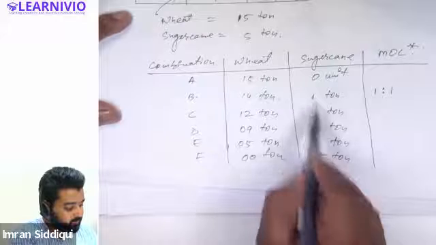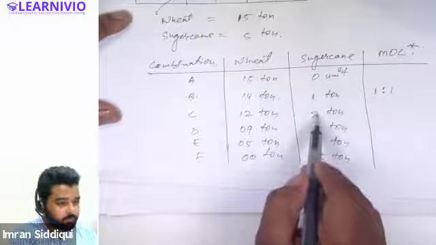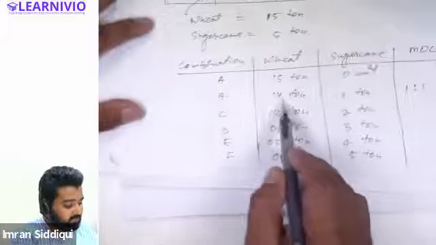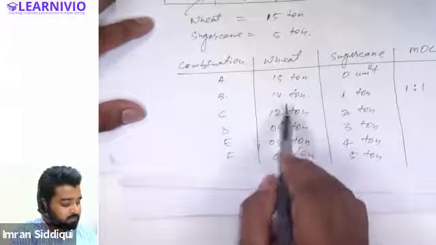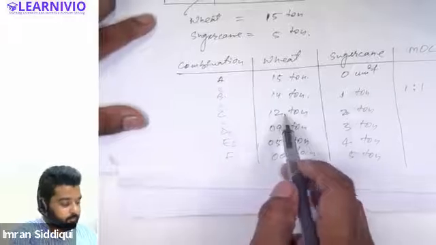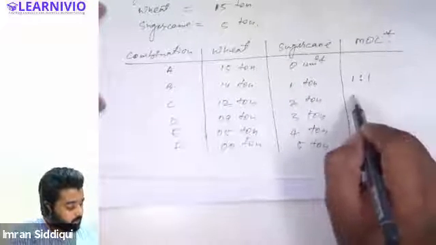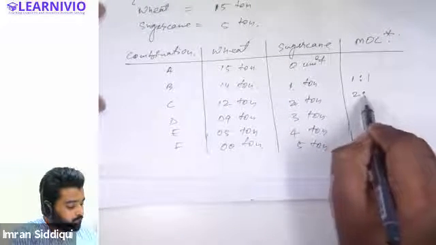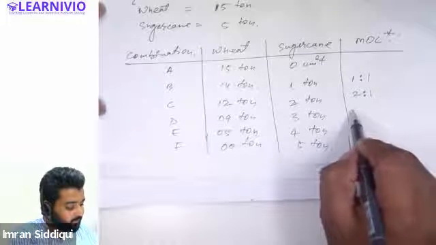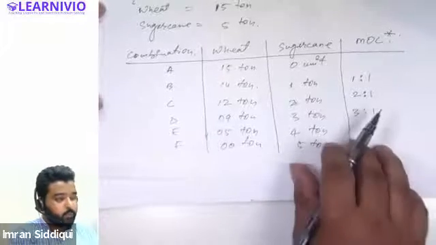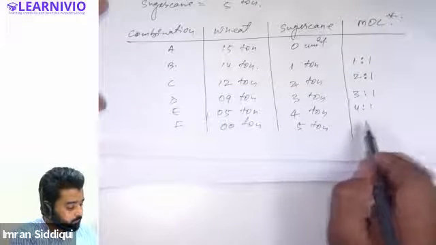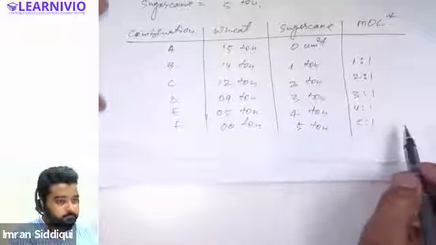Next time he is increasing sugarcane by 1 more ton, going from 1 to 2, but this time he is sacrificing 2 units of wheat. So he is sacrificing 2 units for 1 unit of sugarcane. Next time he is sacrificing 3 units for 1, then 4 for 1, and 5 for 1.